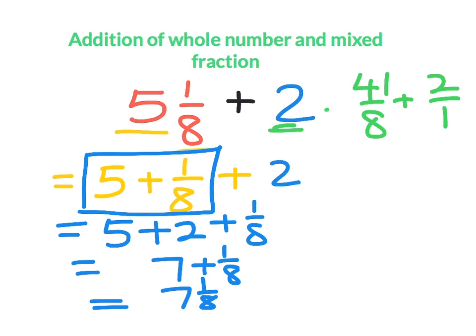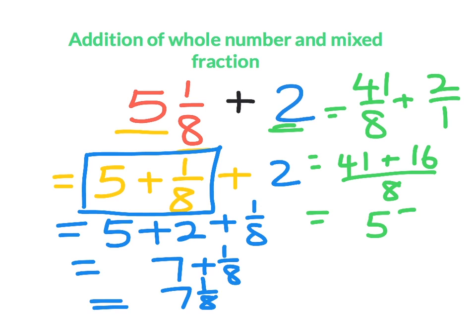So this will be 41 plus 16 divided by 8. If you add this together, 41 plus 16, 1 plus 6 is 7, and 4 plus 1 is 5, so 57/8.